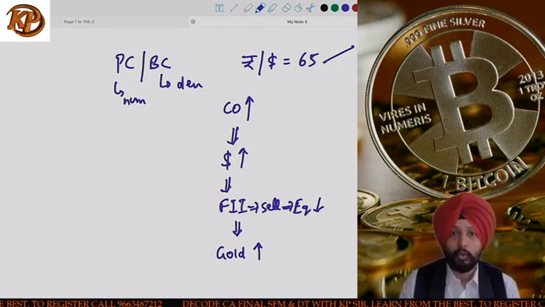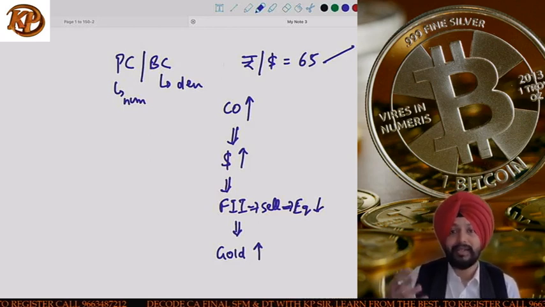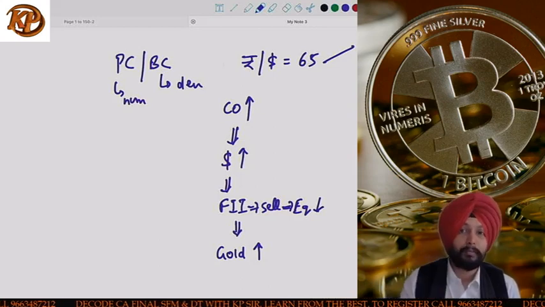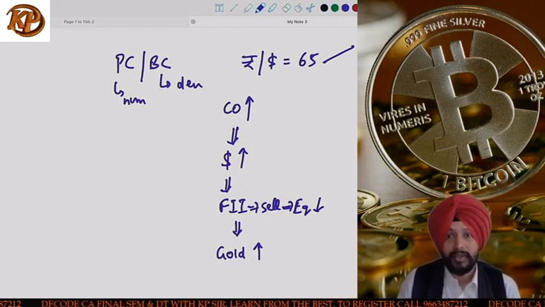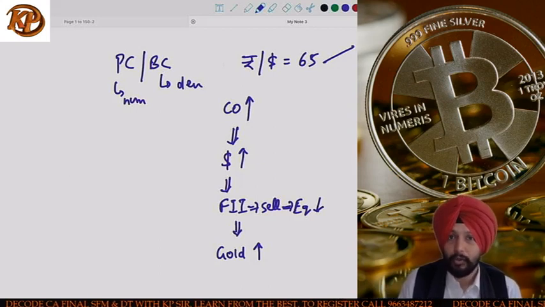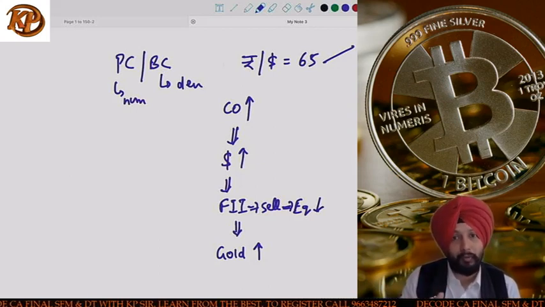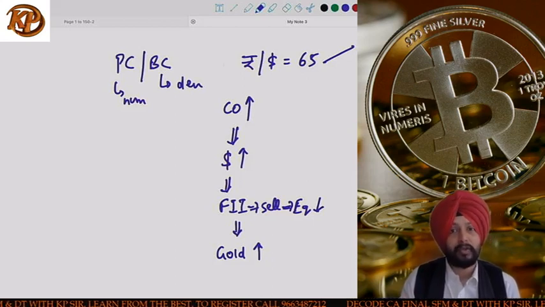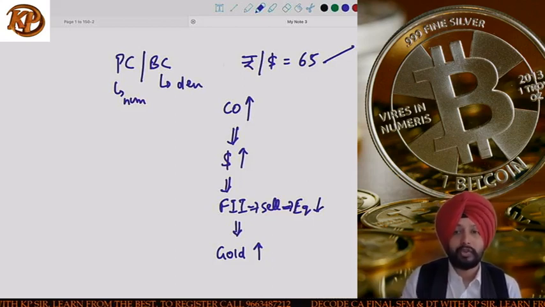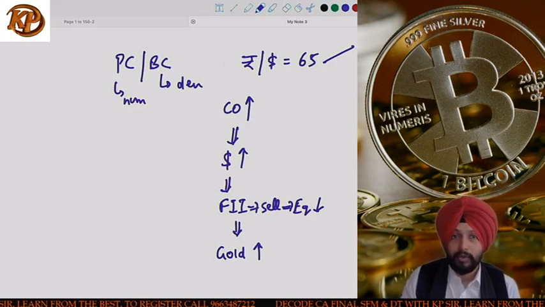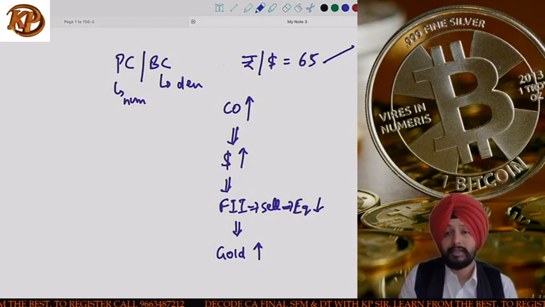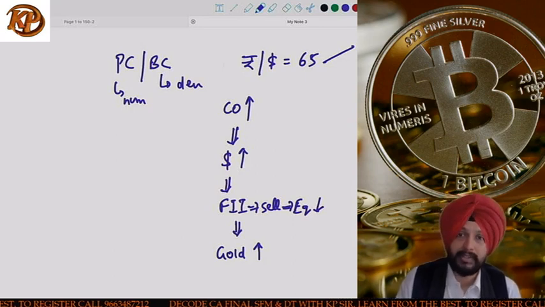And obviously, as I told you, what happened recently, the coronavirus, that is an exception. Even if crude oil prices are going down, dollar is still appreciating against rupee, and equity markets are still falling, and gold prices are going up. Why did that happen? I told you, in times of a pandemic like coronavirus, there is less consumption in the businesses.